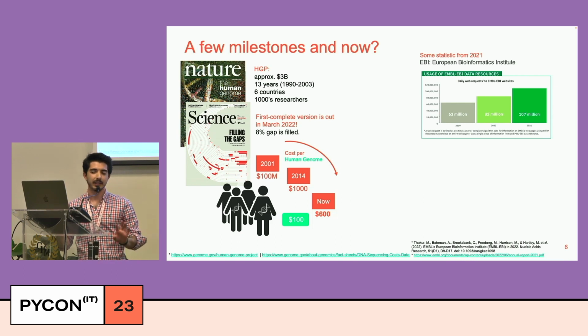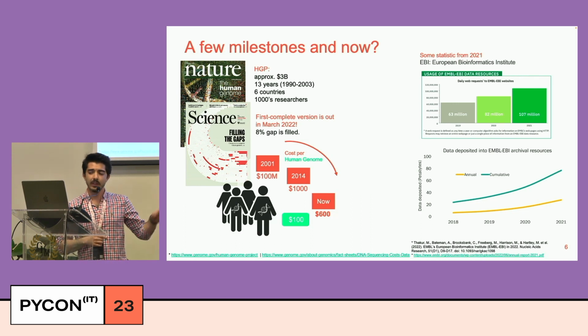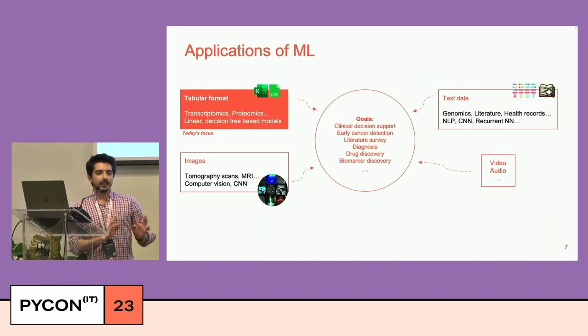Keep in mind that this is only one consortium. In terms of volume, you see the increasing trend over the years. Last year, they deposited 25 petabytes of data, and this includes images and other data. So we talk about the data and how we translate from the biology to the computer.